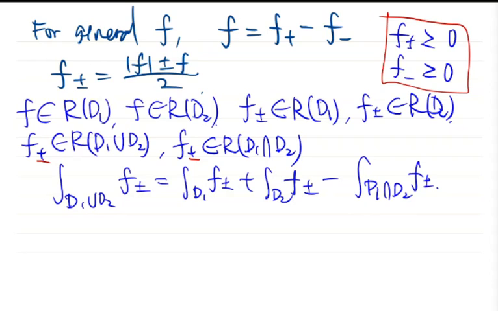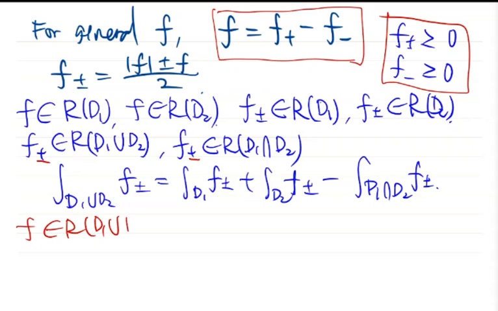Then since f plus and f minus are both integrable over the union and the intersection, by our previous linear combination property, because f is the linear combination of two non-negative integrable functions, we conclude that f is integrable over the union and over the intersection.